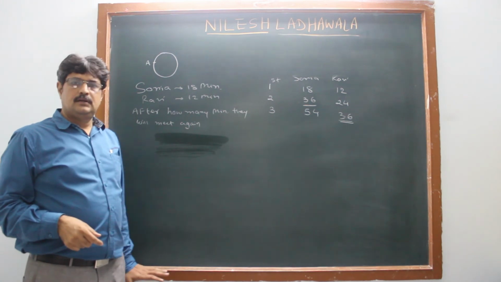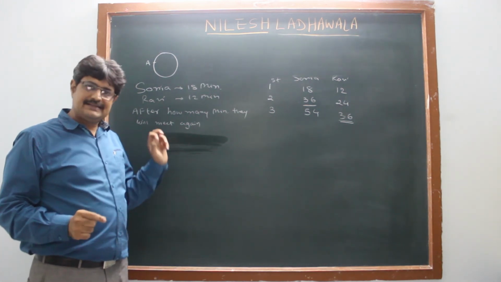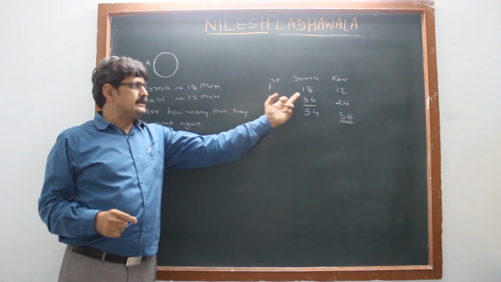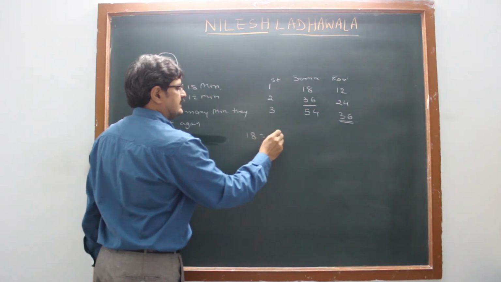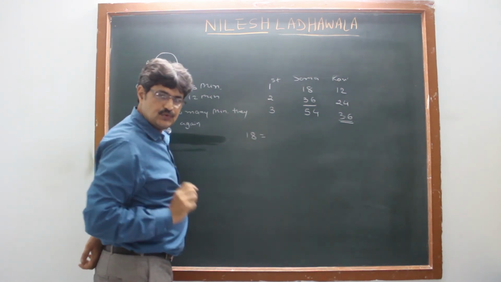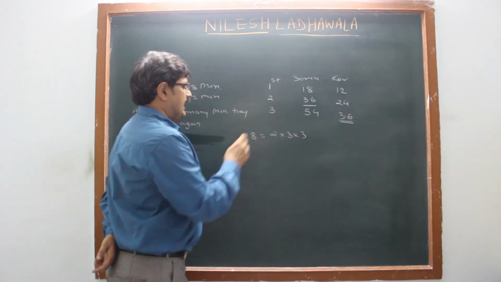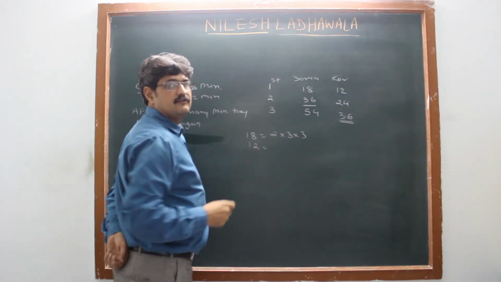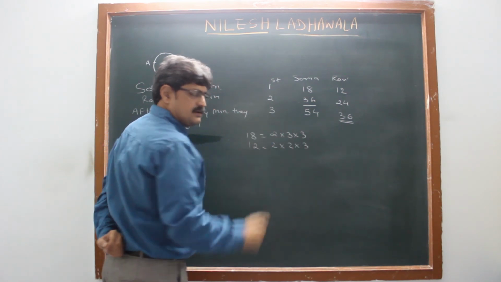Okay? So now I will find the LCM of 18 and 12. The factors of 18 can be written as 18, that is 9 2s are, so it is 2 into 3 into 3. And 12, that is 4 3s are, that is 2 multiplied by 2 multiplied by 3.